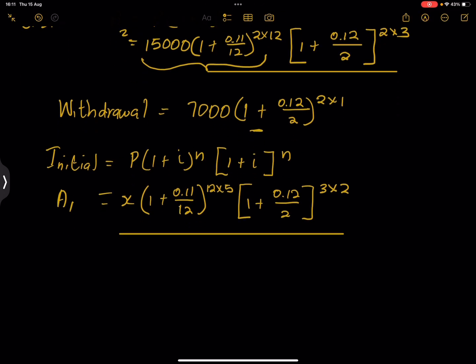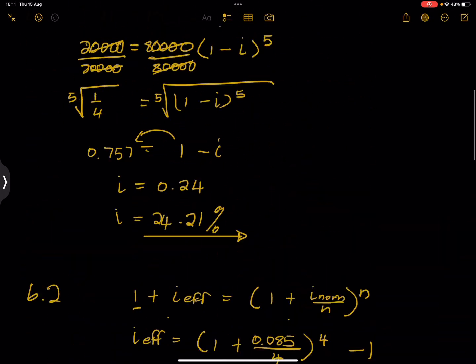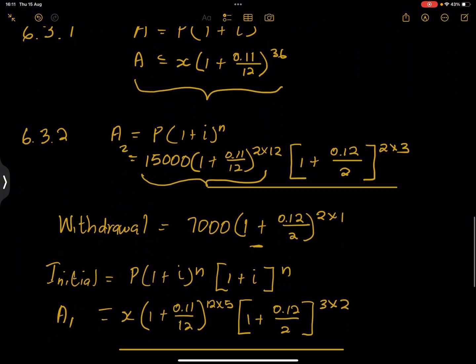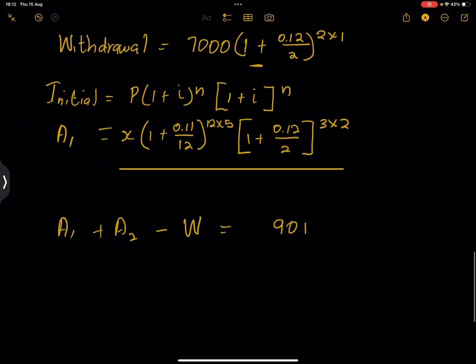So that means A1 plus A2 minus the withdrawal would be equal to 90,000. Okay, let me get that amount. 132 and 56. So we'll get the calculation in just a little bit.